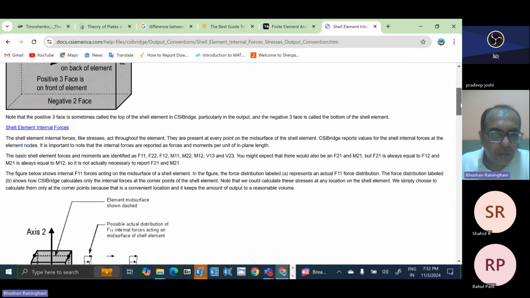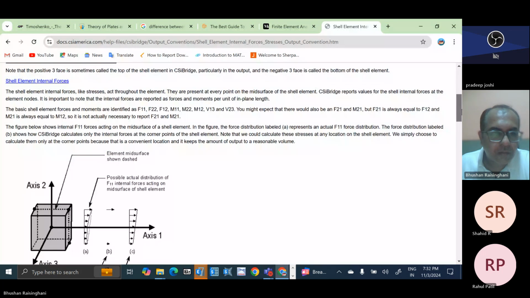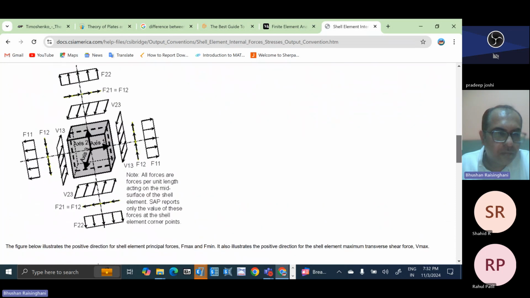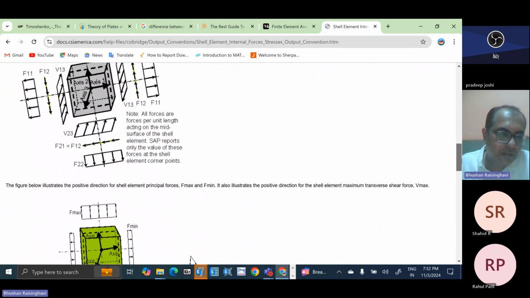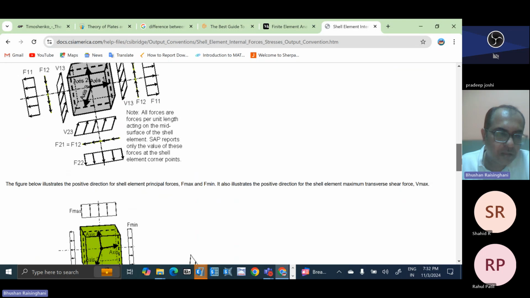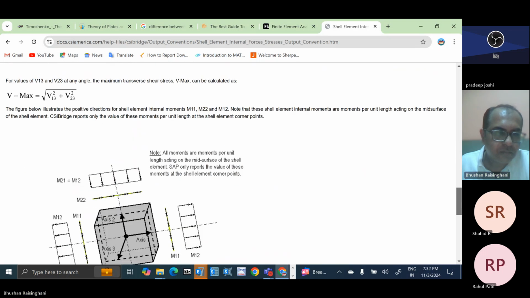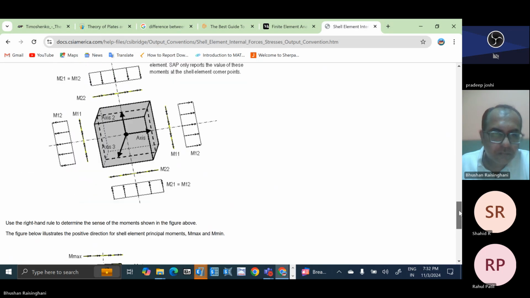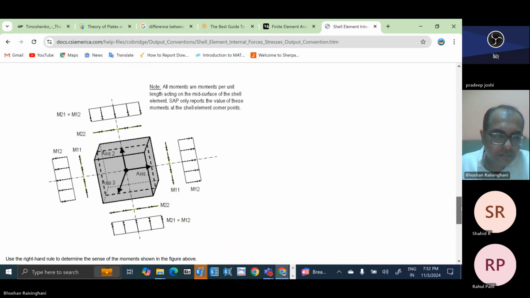If we go into it, they have given the full form. It is easy, otherwise we have to search for it again. So this diagram is quite clear that M21 is equal to M12.